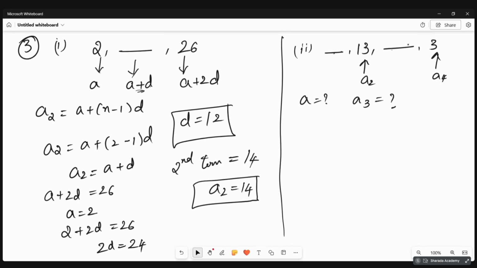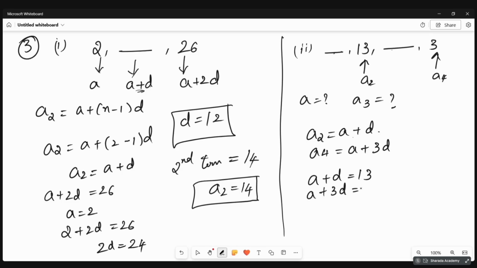So whenever you have to find some terms, if you know A and D, I can do that. Correct? So here A2 means A plus D. A4 will be A plus 3D. So A plus D is what? It is 13. A plus 3D is equal to 3.